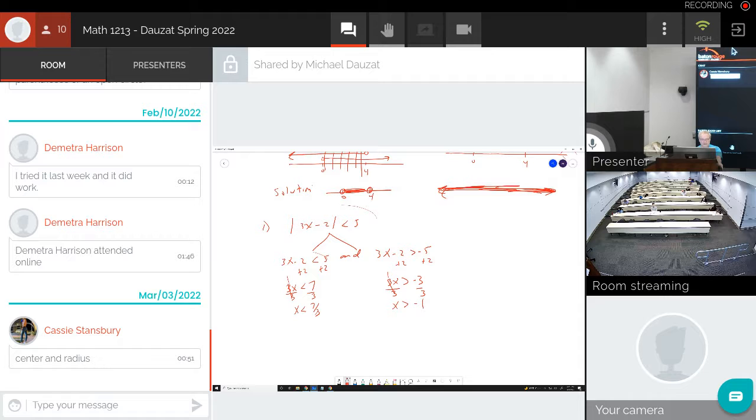Don't forget that and statement. So the solution to the original inequality would be any real number that's less than 7/3, and at the same time, it has to be greater than negative 1, the intersection of those two.